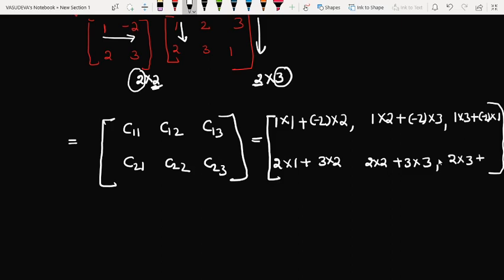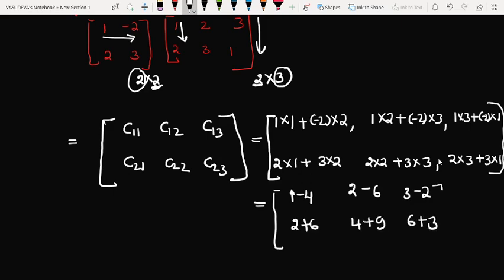So finally this will be 1 into 1 is 1, minus 4, and 2 minus 6, 2 plus 6, and 4 plus 9, and 6 plus 3. So it is of order 2 by 3, a matrix of 2 rows and 3 columns.